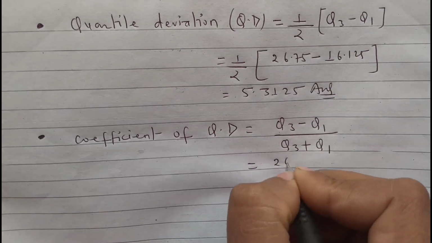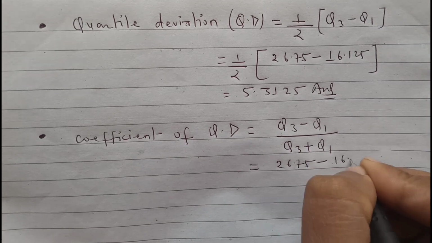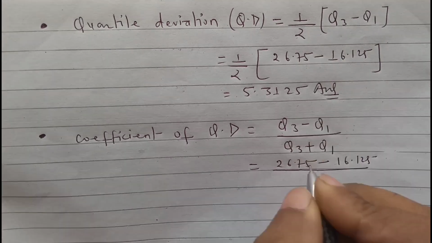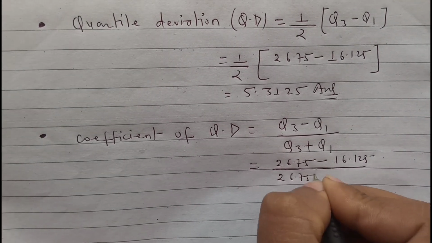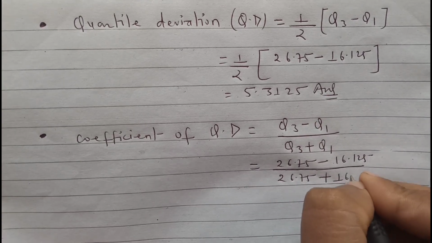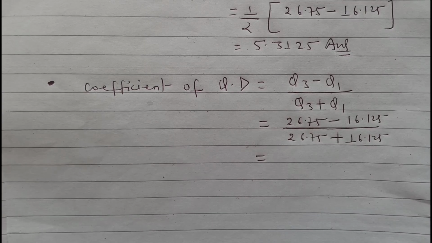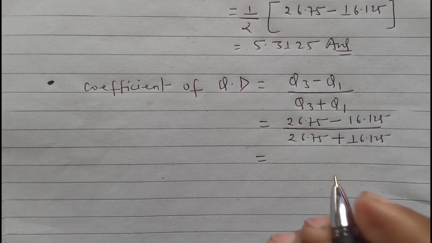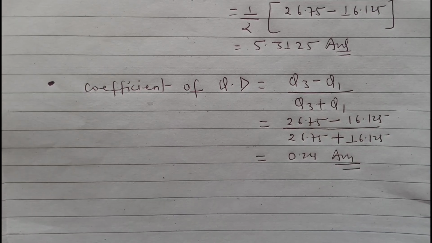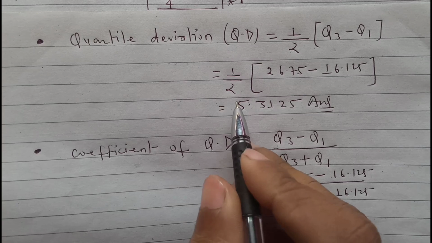Q3 is 26.75 minus the value of Q1, which is 16.125, divided by Q3, the value of Q3 is 26.75, plus Q1, the value of Q1 is 16.125. After solving this, we get 0.24 answer. So this one is the coefficient of quartile deviation. Above is the quartile deviation.